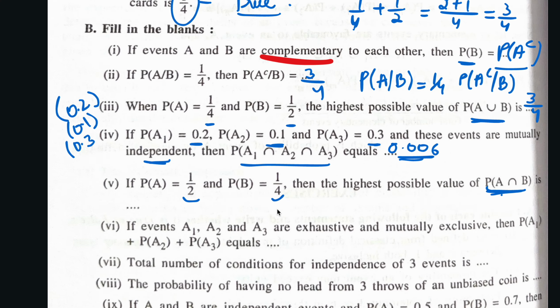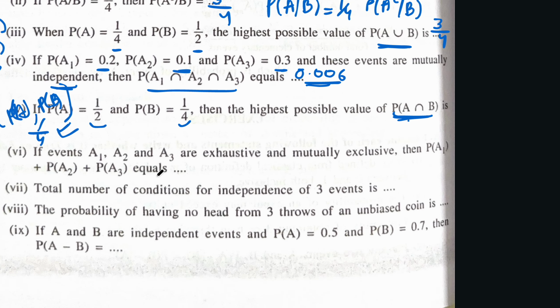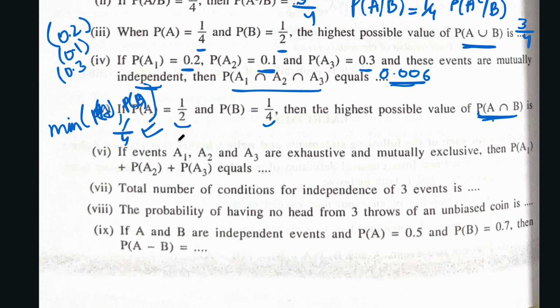We will take the probability of the smaller event. Wow, this is something to remember. So it will be 1 by 4 because of this. Who would have thought that this is a logic that exists? If it weren't for these problems, I'm grateful only.